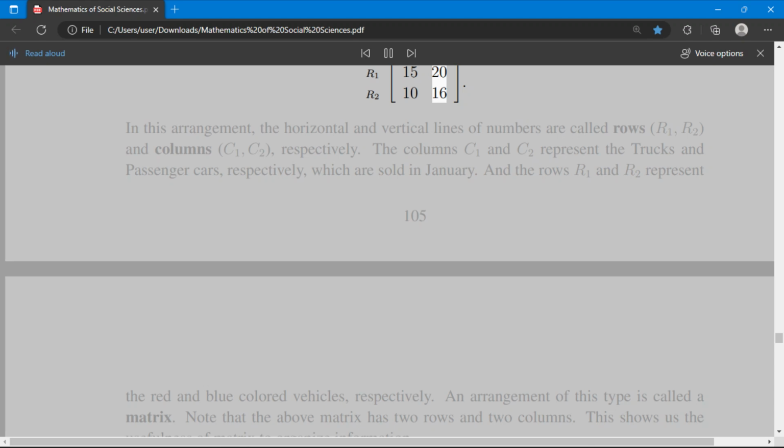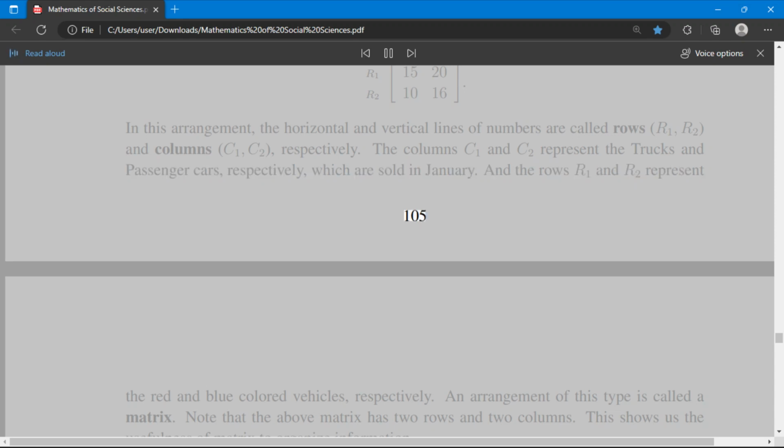The information in the table can be given in the form of a rectangular array of numbers as C1 C2, R1 15 20, R2 10 16. In this arrangement, the horizontal and vertical lines of numbers are called rows, R1, R2, and columns, C1, C2, respectively. The columns C1 and C2 represent the trucks and passenger cars, respectively, which are sold in January.